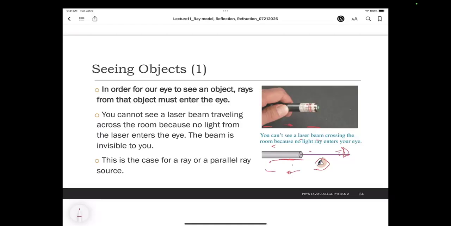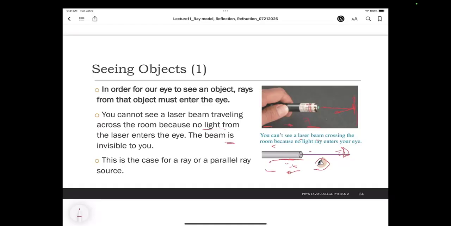But sometimes some students will ask a question: if I use a laser beam, I can see a dot on the ground or on the wall. That's because when the light ray meets the wall, it reflects some light.